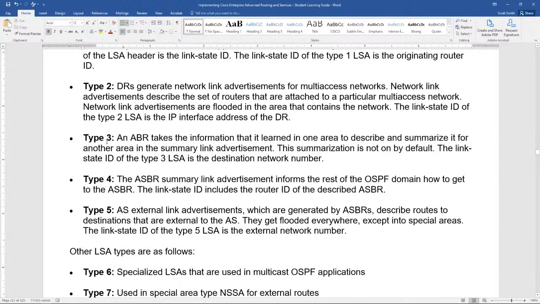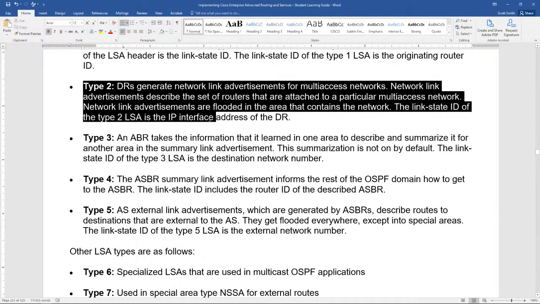The second type of LSA is what we call a type 2 LSA. A type 2 LSA is generated by DRs, designated routers. We talked about the DR concept in our previous discussion, right? A designated router is the chief or the master of the broadcast domain.